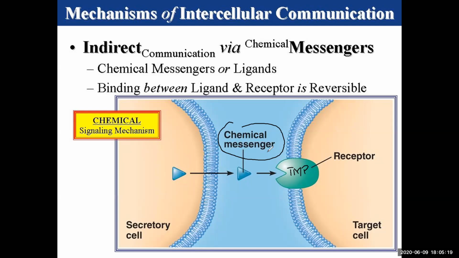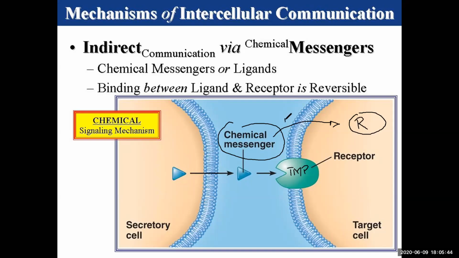If the chemical messenger is fat-soluble, then that chemical messenger is allowed to get straight through the cell membrane, and the receptor would be located inside the cell, right? So that receptor does not have to be at the cell membrane.